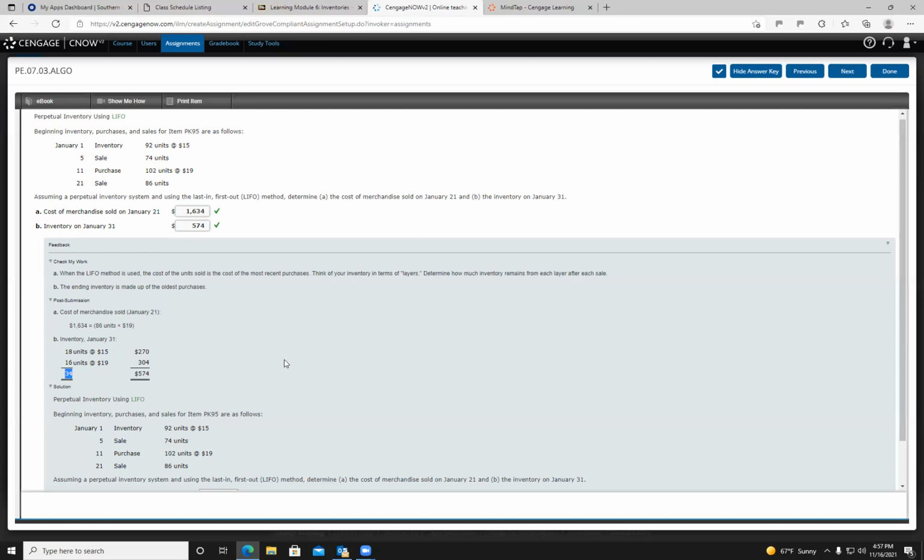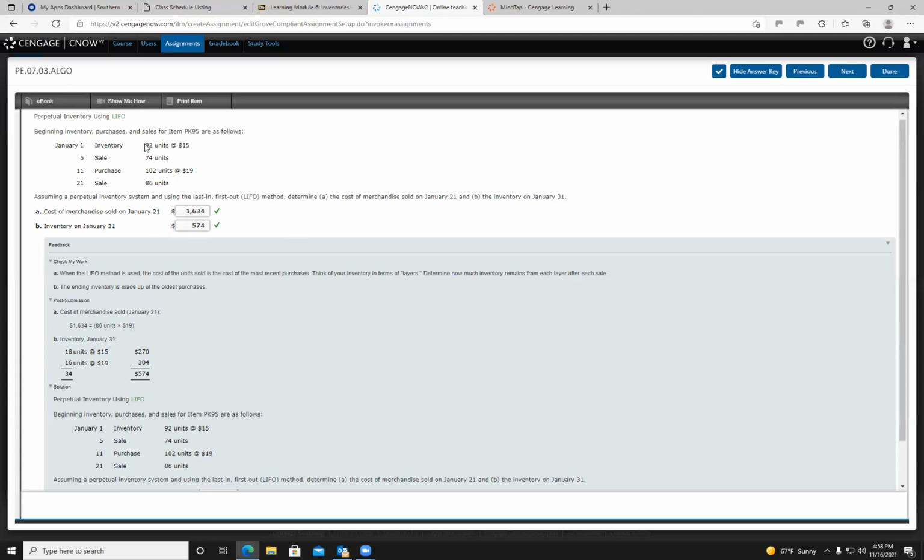Now we've got to figure out of the 34 units left on hand, how much had a value of $19 a unit and how much had a value of $15 a unit. So let's start with the transaction on January 5th, where we sold 74 units.